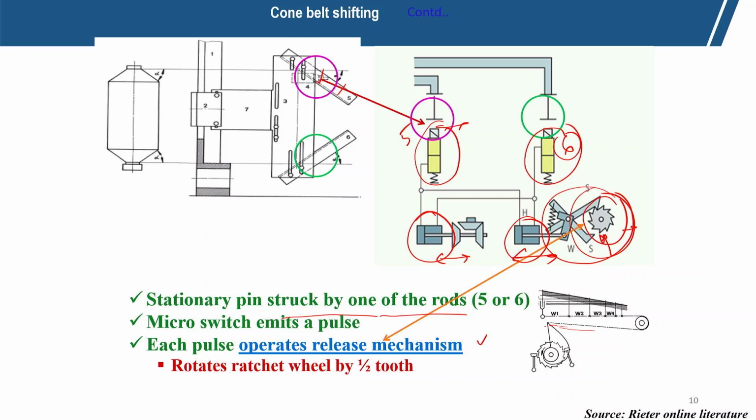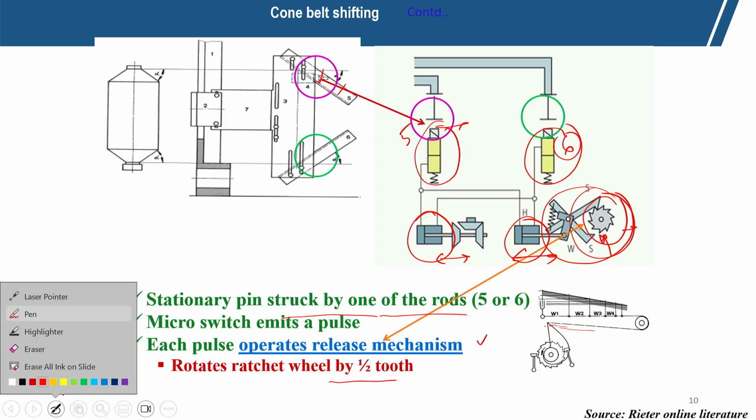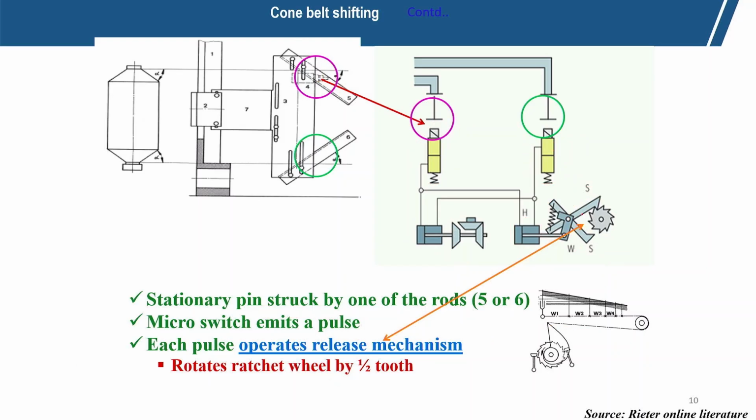Now it rotates the ratchet by half a tooth, because the ratchet mechanism is connected with the eccentric arrangement, and there is a rope.